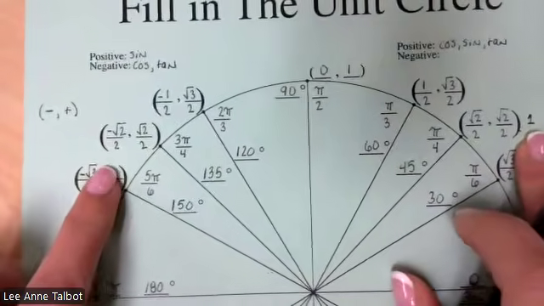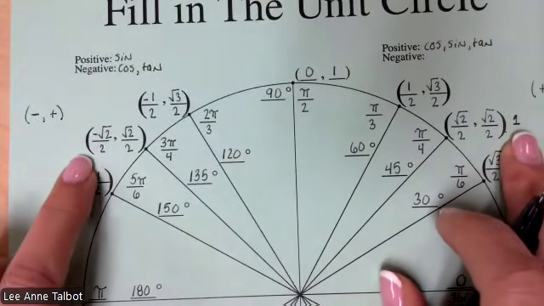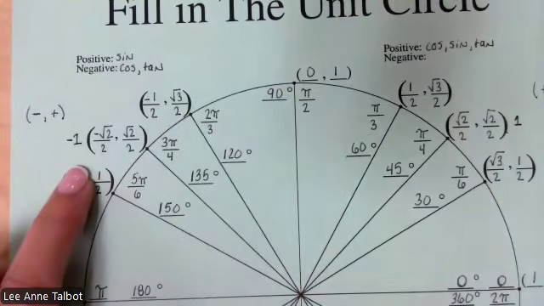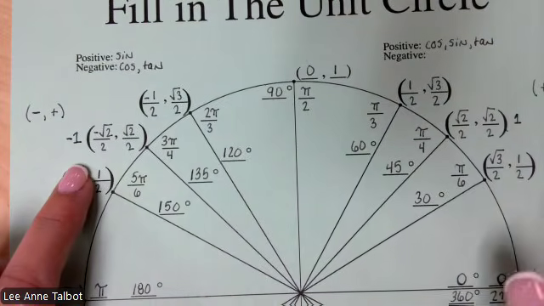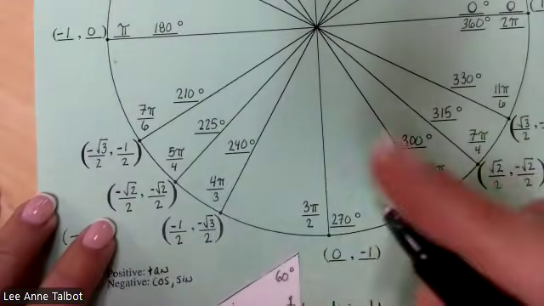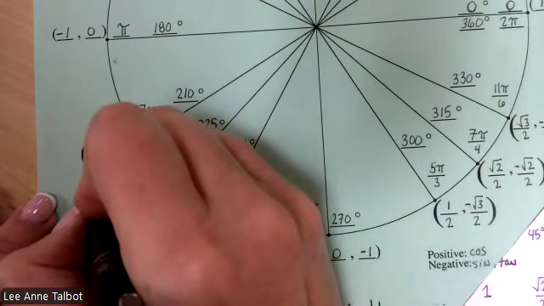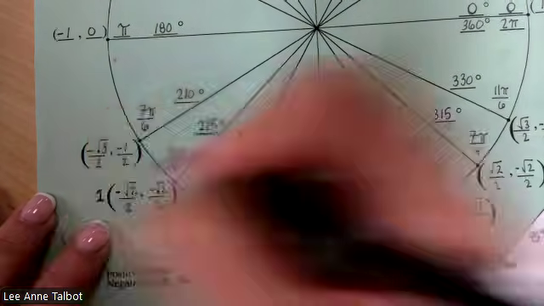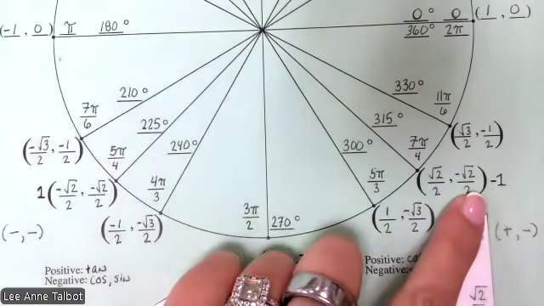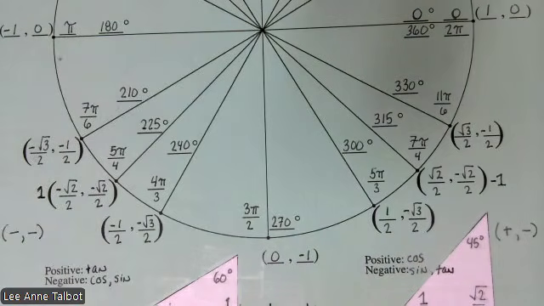Again, you don't have to label your unit circle if you don't want to. What about this spot here? This spot would be negative 1. This spot, positive or negative? Positive 1. And this spot here, negative 1. Okay.